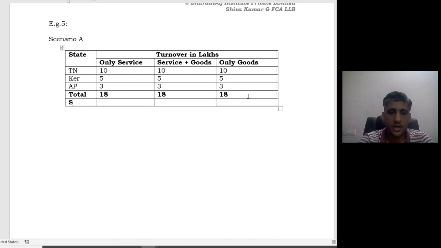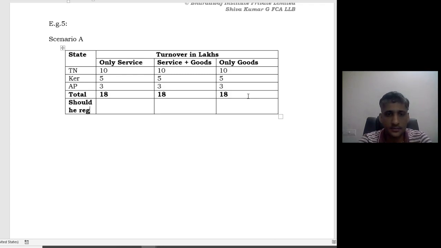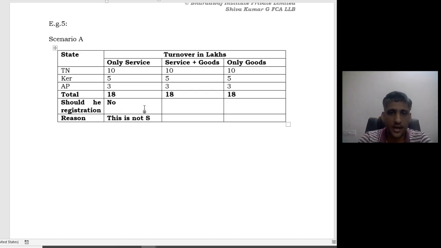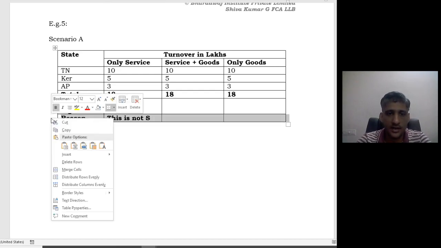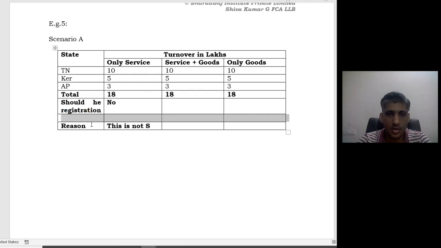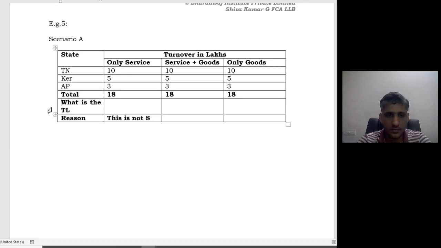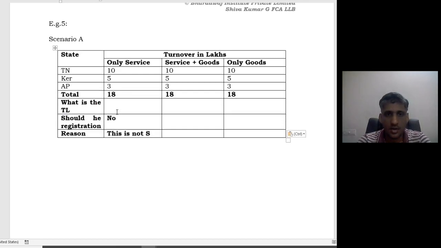What's the answer? Should he take registration? Reason. The answer is no. Why? This is not special. First we will understand what the threshold limit is.